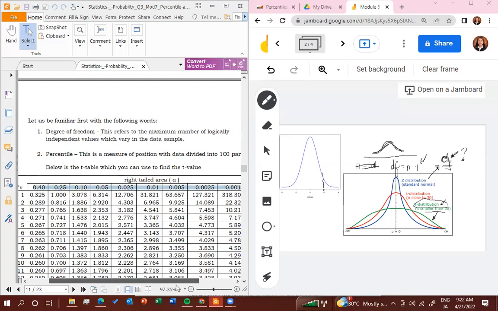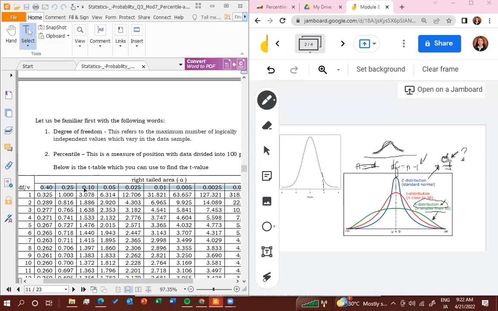These are related because, let's say, 0.40 is actually the tolerance. The meaning of this is that in the right-tailed area, 40% of the data points are here. This is our tolerance for error.